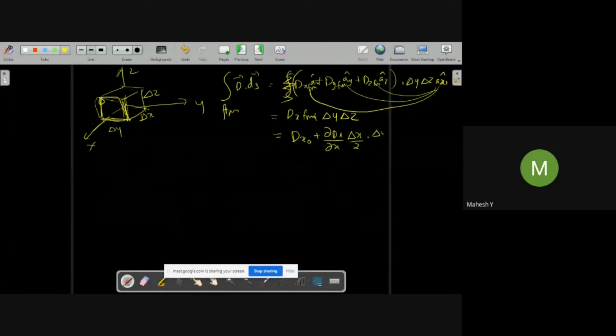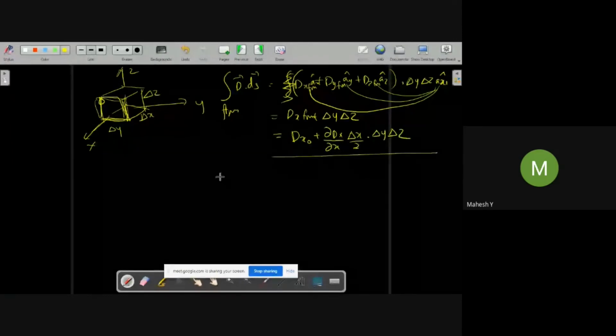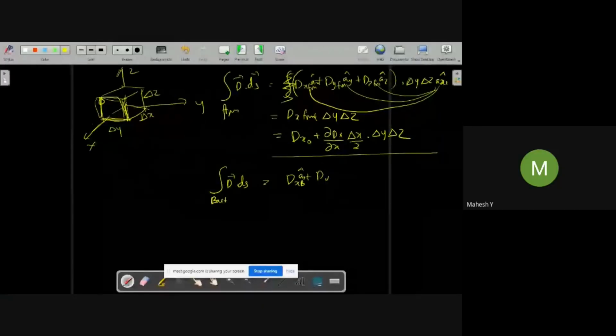So this is front. Similarly, what is d dot ds back? It will be dx back ax cap plus dy back ay cap plus dz back az cap.